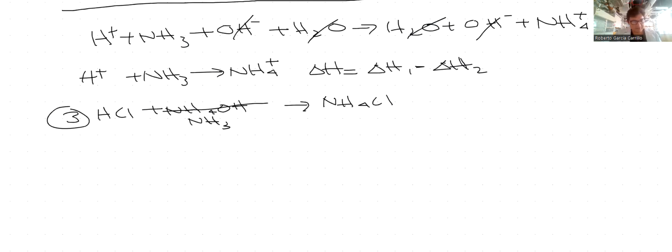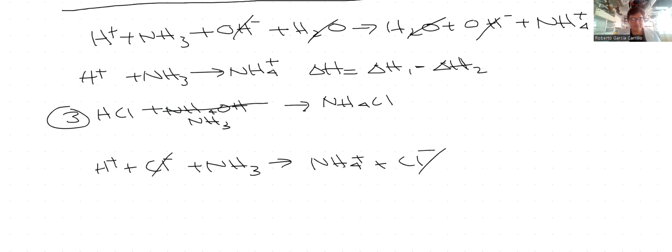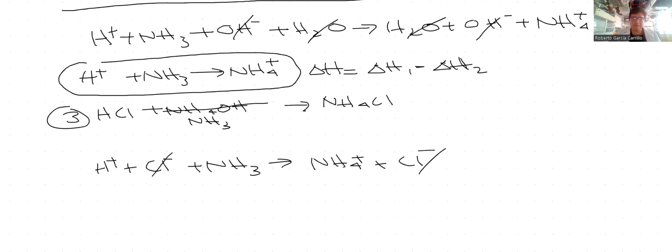And in the ionic form, we have this, and these are spectator ions. So you see, reaction 3 is the same as the first one minus the second one. And therefore, the enthalpy of reaction 1 minus the enthalpy of reaction 2 should be equal to the enthalpy of reaction 3. And this goes for part 4 as well.